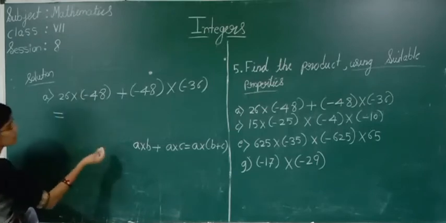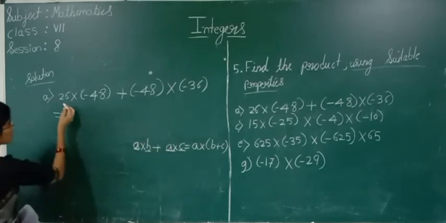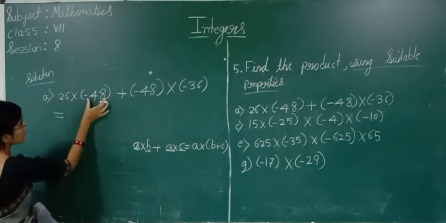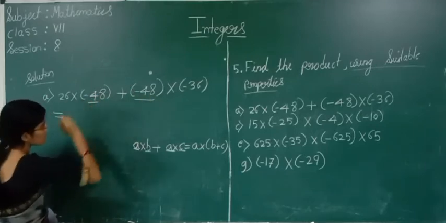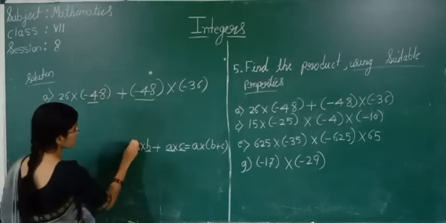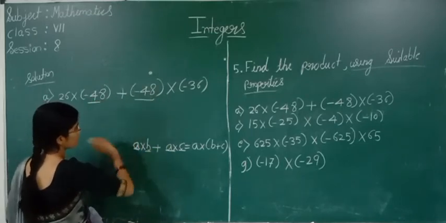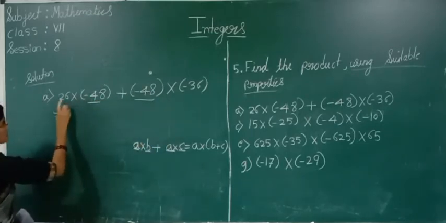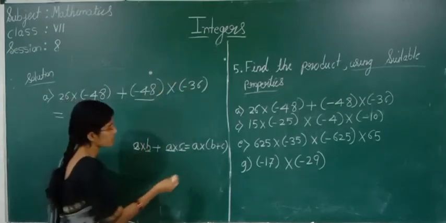Now, A into B, A into C. Here minus 48, minus 48. Here these are the same. Okay. It is nothing but A and A. Here B is 26 and C is minus 36. What is the result?